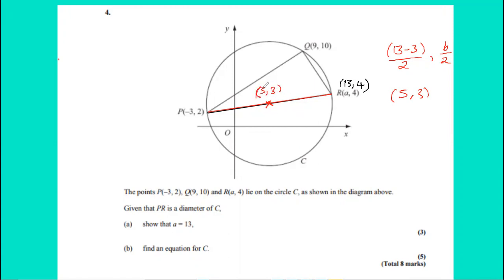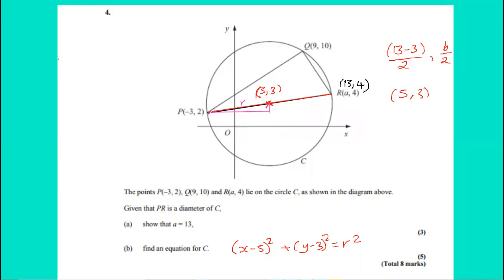That's the coordinate. So we know my equation starts off like this: (x - 5) squared plus (y - 3) squared. Now we're missing our radius. There are different ways we can approach this. I'm going to go for the easiest, which is to use Pythagoras to work out what our radius r is.